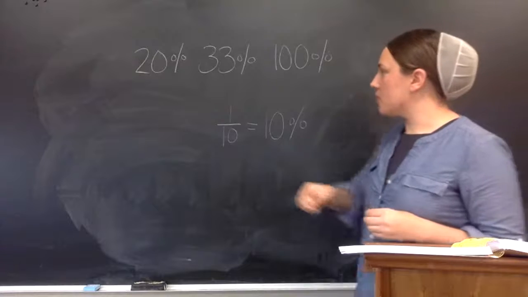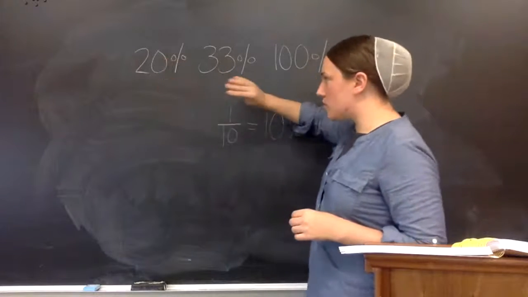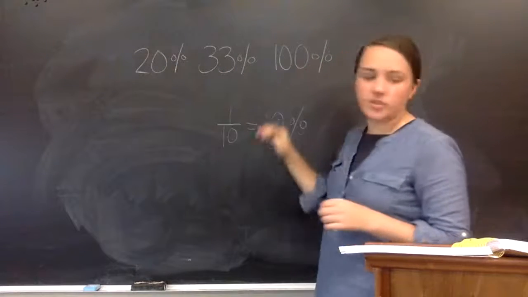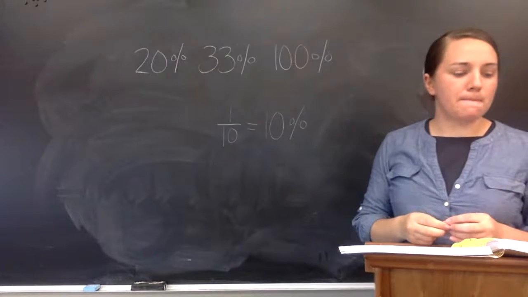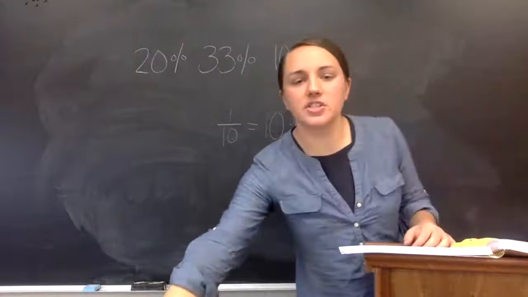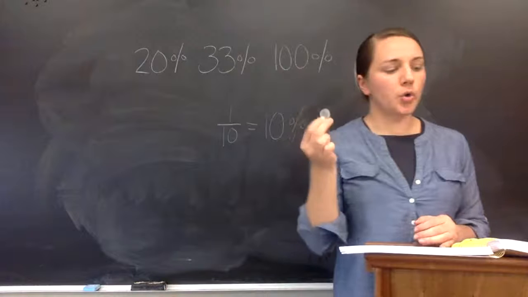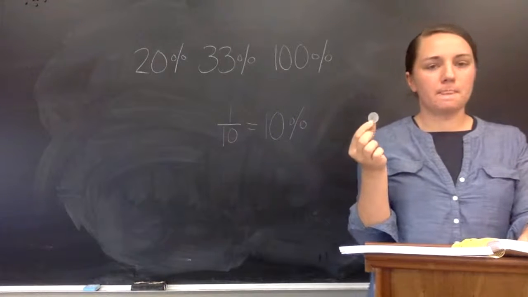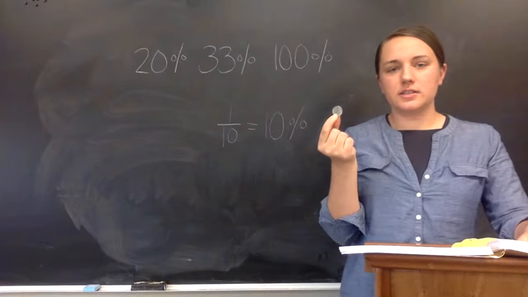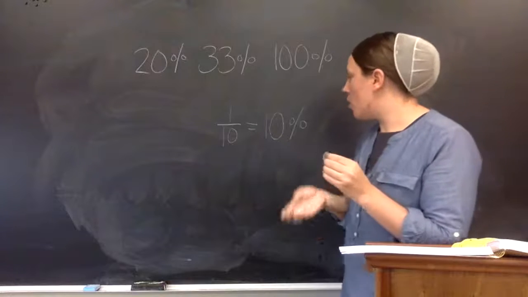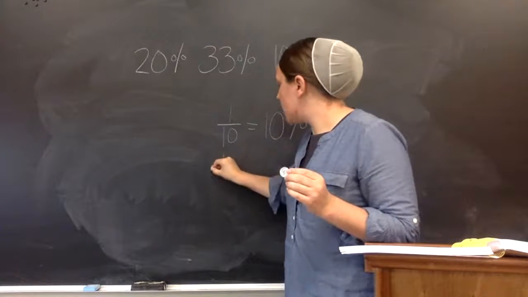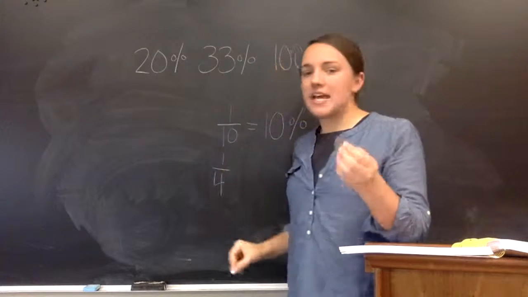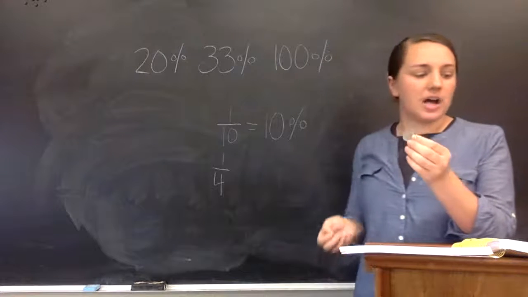I have some more examples. 20%, 33%, 100%. Now, what fraction of a dollar do you think that a quarter is? Now, your answer should be 1/4 because we have 1 quarter, but it takes 4 quarters to make a dollar.